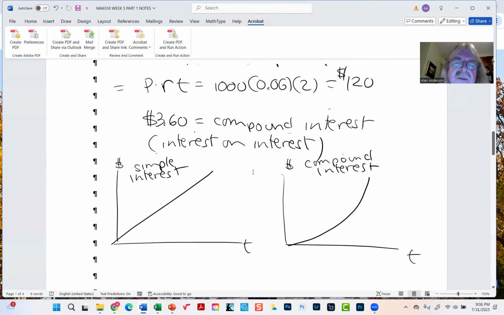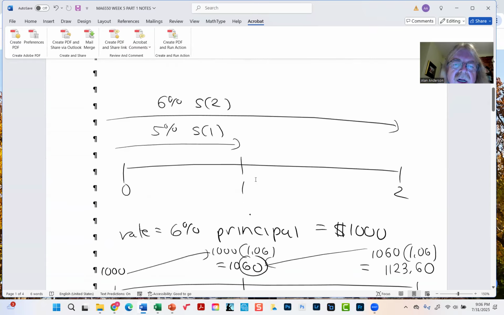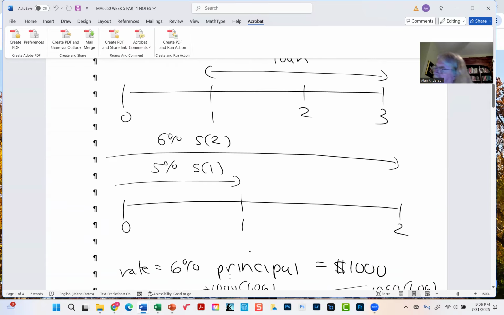But anyway, getting back to forward rates, what we want to know is there a rate of interest that would equalize the returns to doing two things? First, investing your money in the 2-year CD, or investing your money in the 1-year CD and then rolling it over into another 1-year CD. So that rate is referred to as a forward rate because it starts in the future.